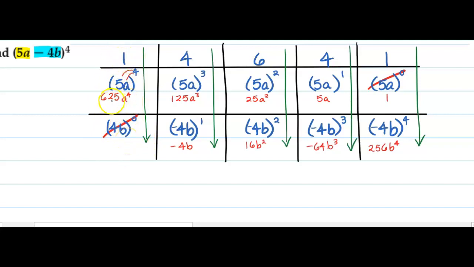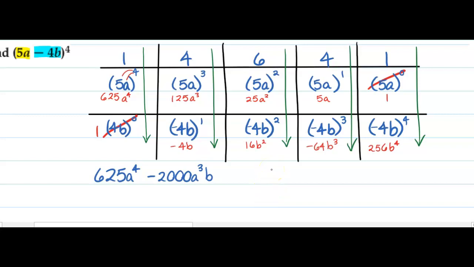So I have a 1, 625, this is just a 1, so I end up with 625 a to the 4th, and there are no b's in this term. Next, on my calculator, I'm doing 4 times 125 times negative 4, and I get negative 2,000 a to the 3rd, b.